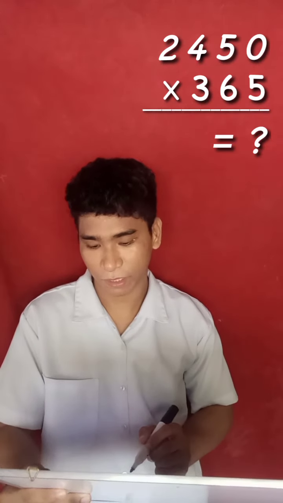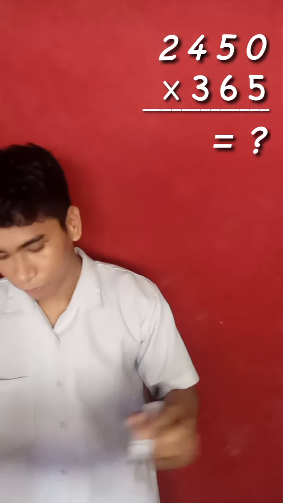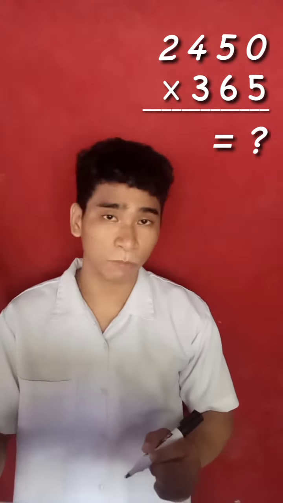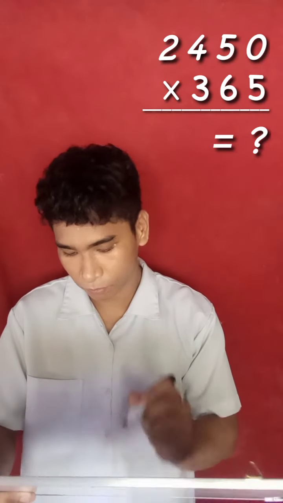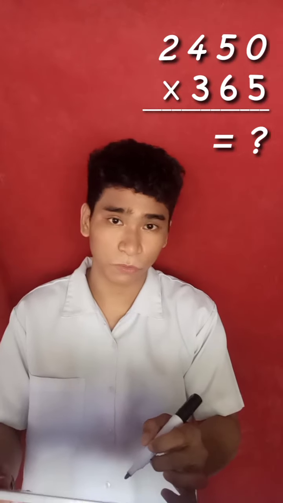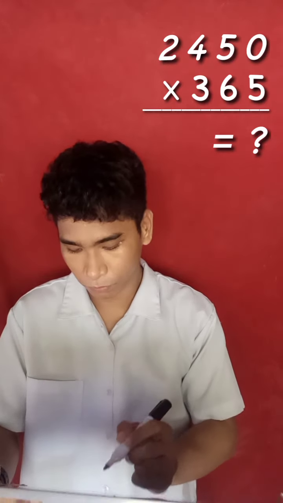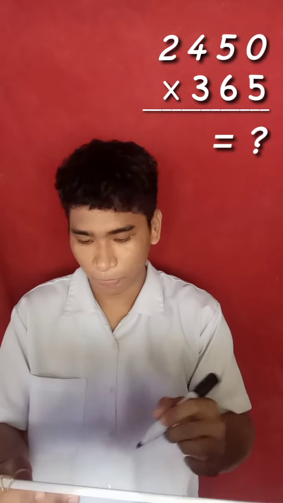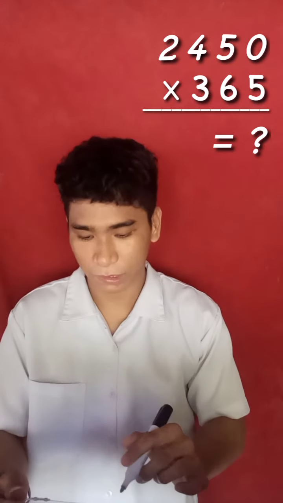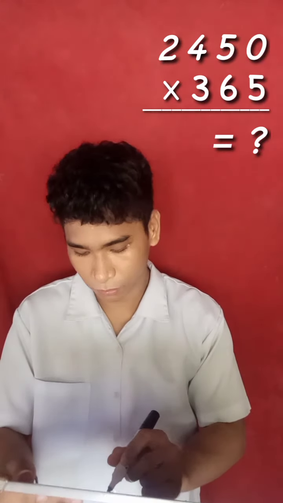Okay, so 7. Now, let's compute. Bring down 0. 0 plus 5 is equal to 5. So 2 plus 2. No, 2 plus 0 is equal to 2. And then 2 plus 7 is equal to 9. Plus 5 is equal to 14.